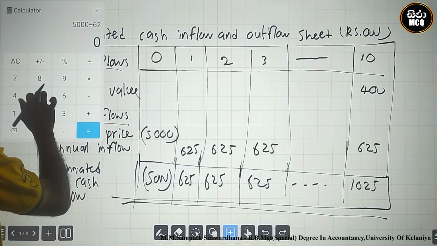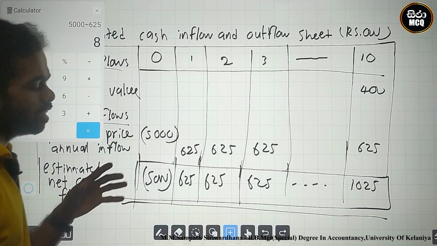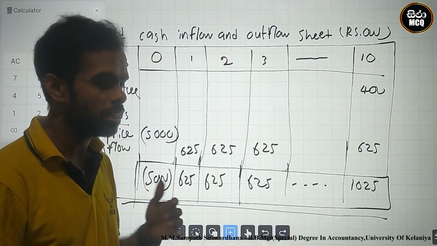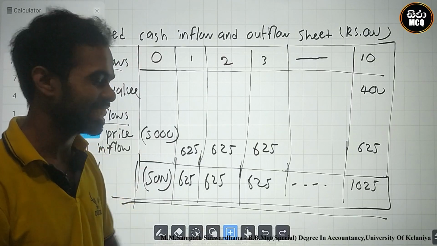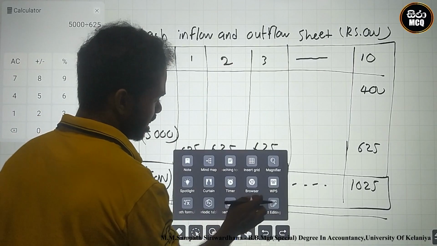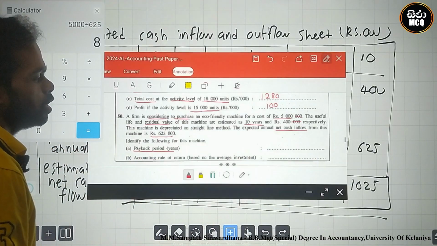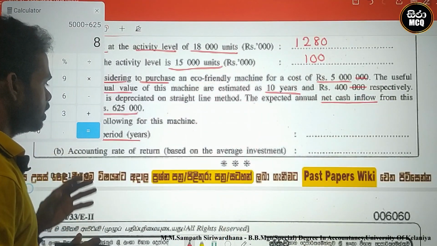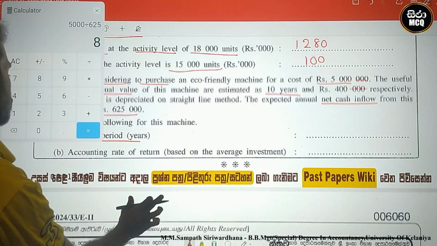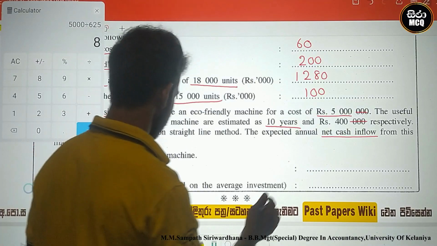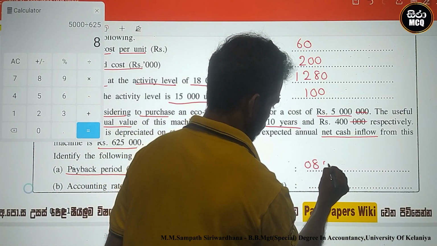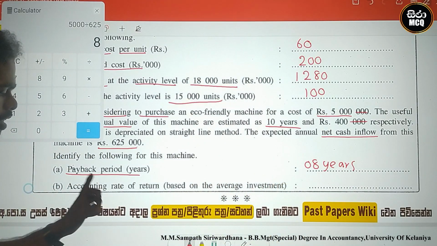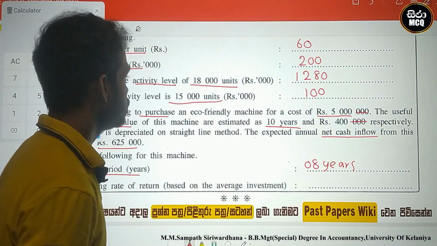I divide 5,000 by 625. The answer is 8, so 8 times 625 means 8 years. Therefore the payback period is 8 years.